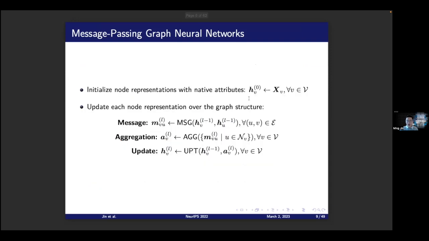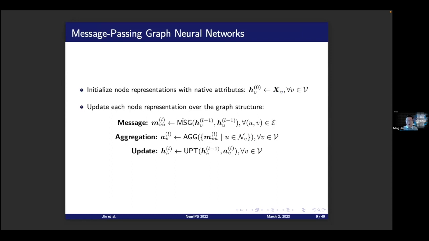And here is the formal definition of the MPGN. Firstly, we initialize the node representation with the raw information, for example, the node feature here, and then we update each node representation over the following paradigm. Given a source node V and one of its direct neighbors U, we calculate the message first. That is the dashed arrow in the previous slide example.